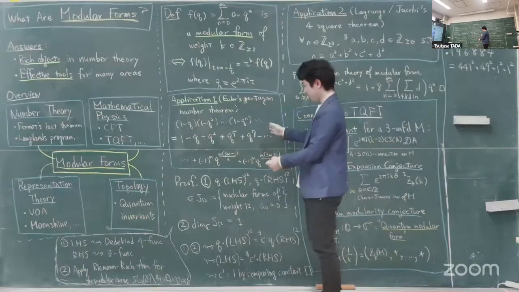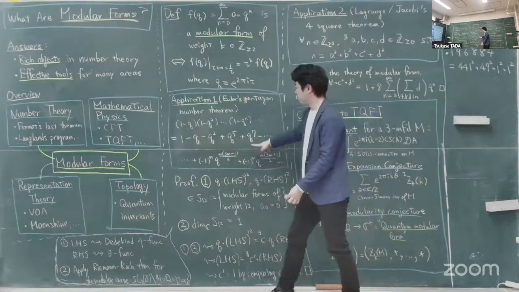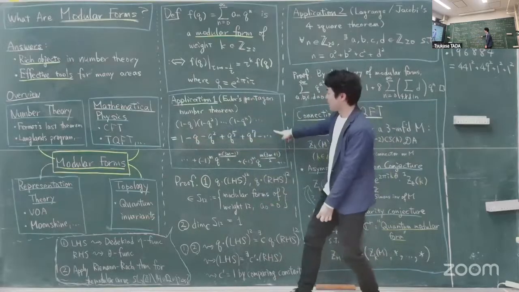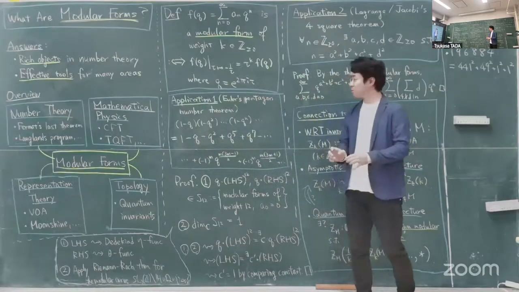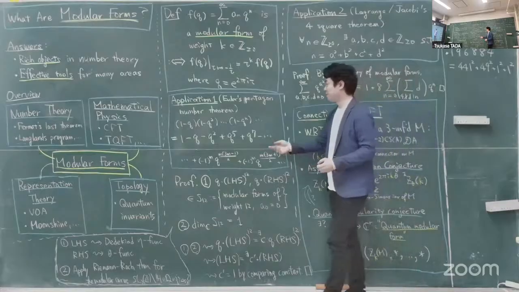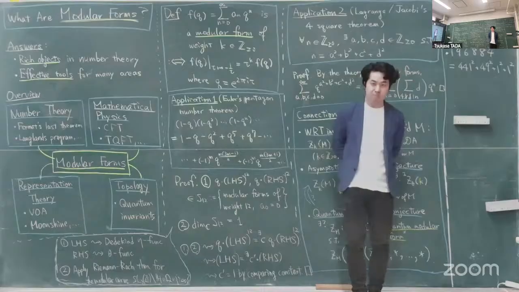Then up to q to the 100, the first 100 terms look like this. We can also easily calculate this expansion using a computer program.